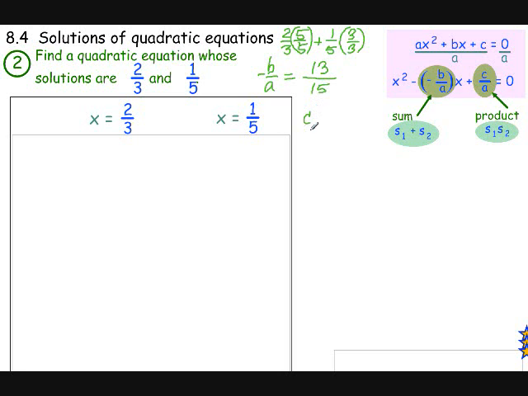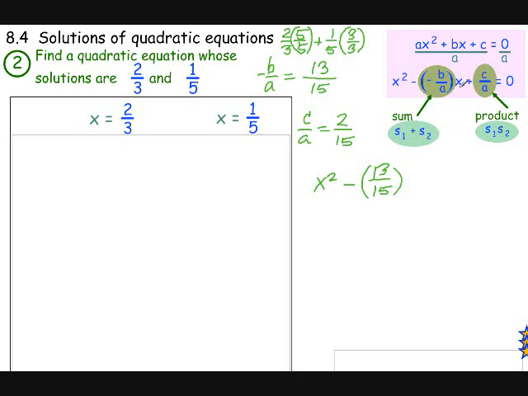And c over a, I know that's the product of my solutions. If I multiply these two together, I get 2 over 15. Let's put it into the equation. We've got x squared minus what we have for a negative b over a, which is 13 over 15.